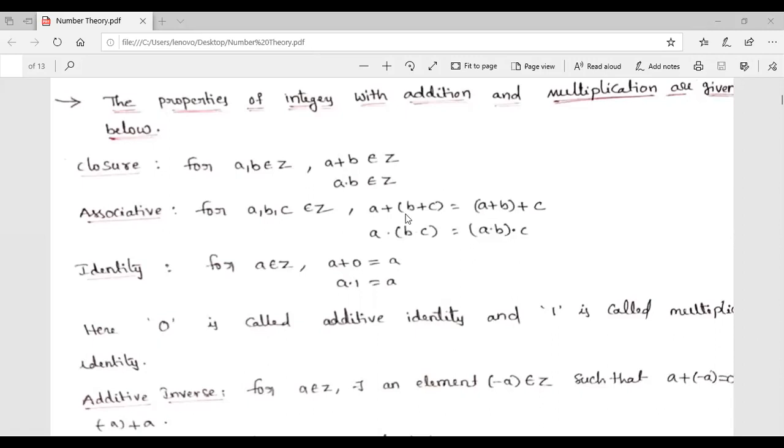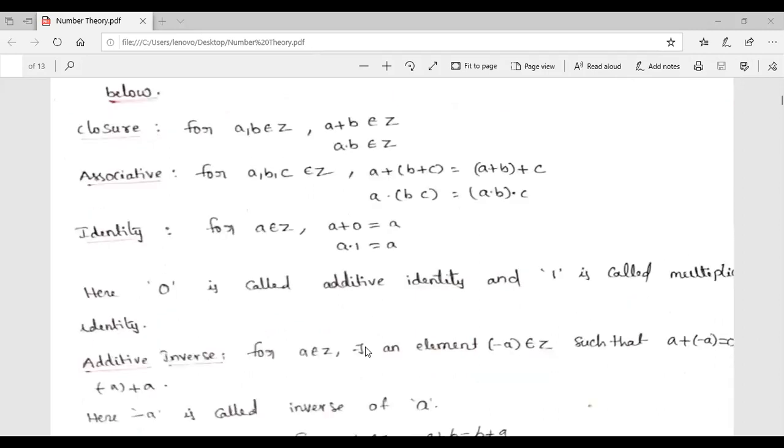So it is given here: 0 is called the additive identity and 1 is called the multiplicative identity.